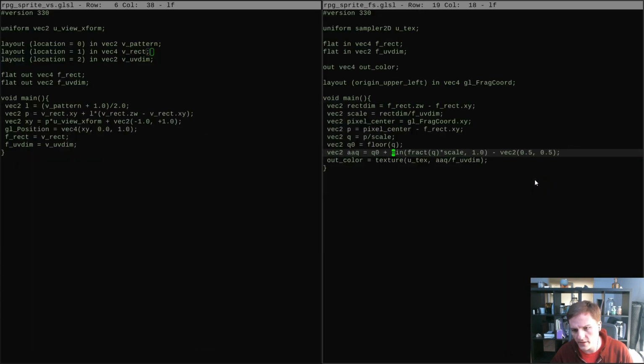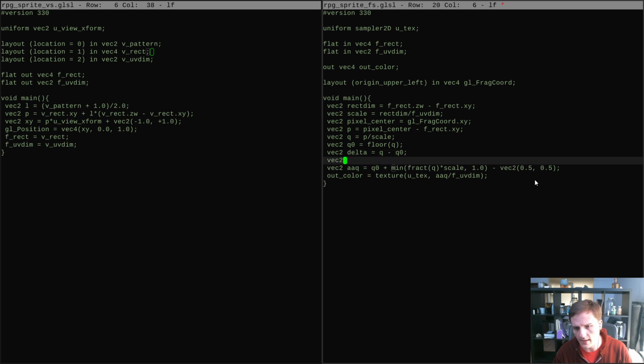Okay, so the first issue here is now I can't use fraction, so I'm going to have to do delta equals Q minus Q naught, and then delta C is going to be clamp delta between negative 0.5 and 0.5. I don't know if it'll let me use clamp on a vector like that, but hopefully.